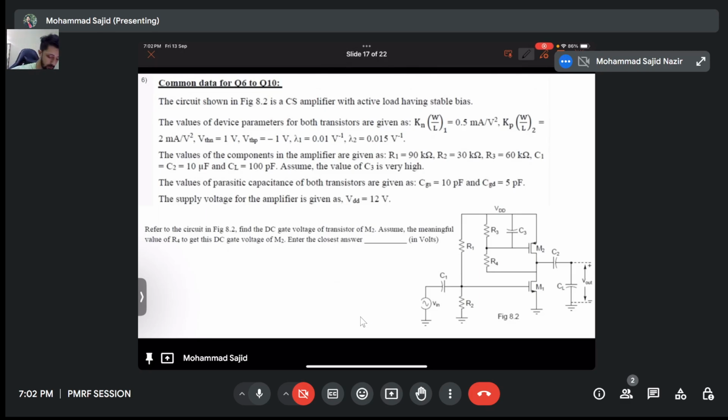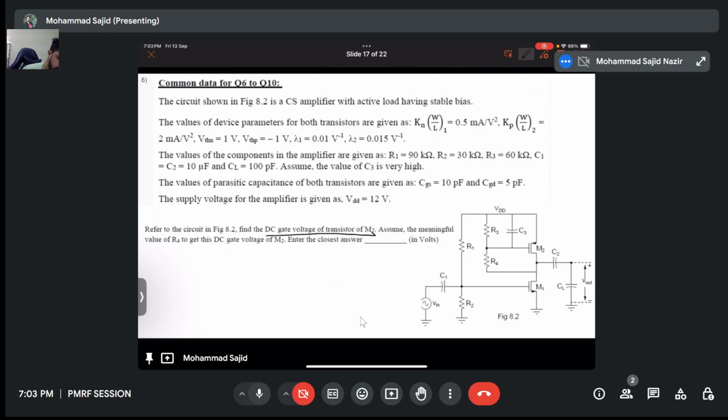So I have again a cascode system of MOSFETs now, and we have these parameters given. Let's just directly jump to the question. Find the DC gate voltage of M2.